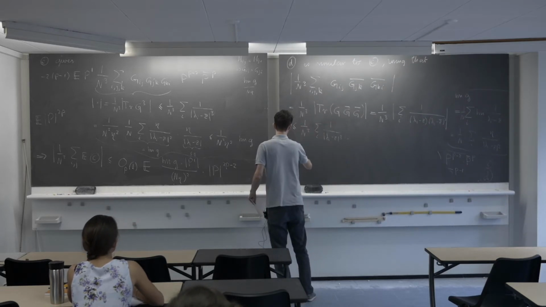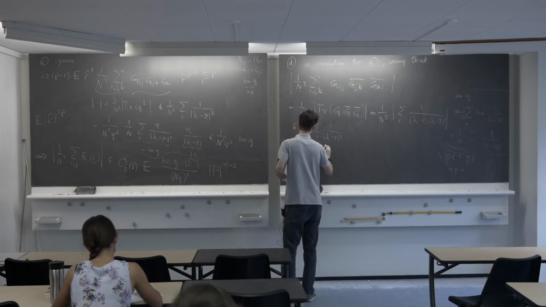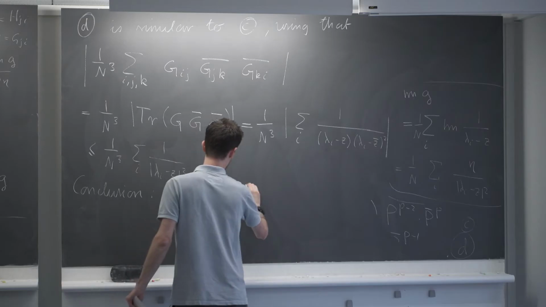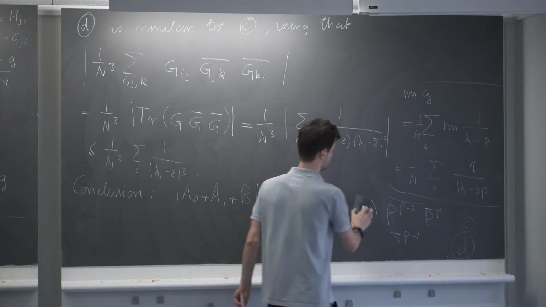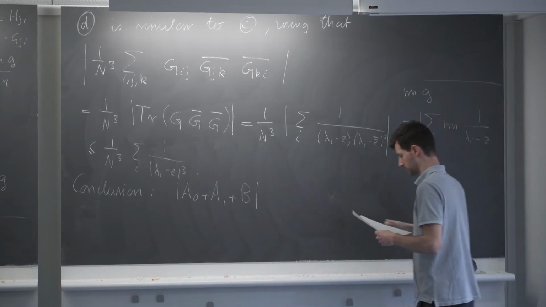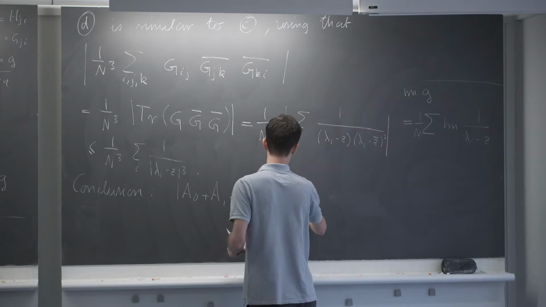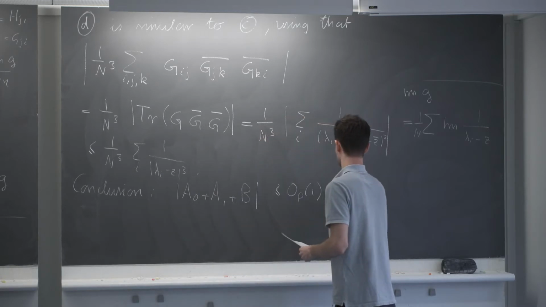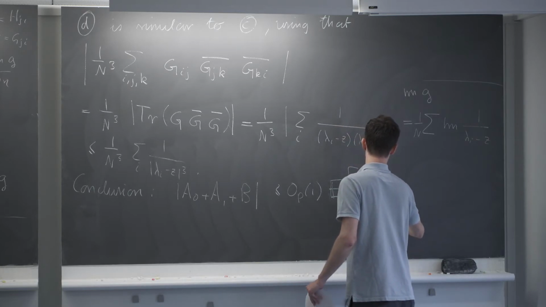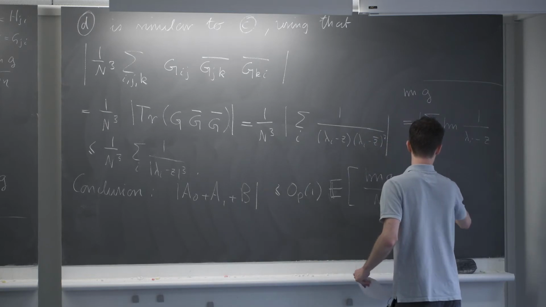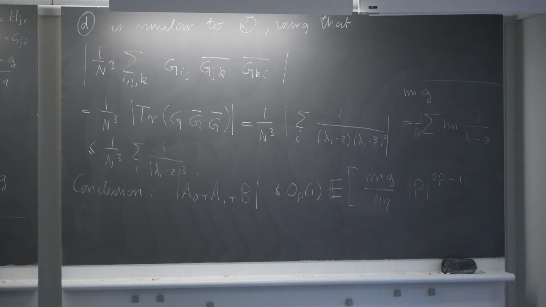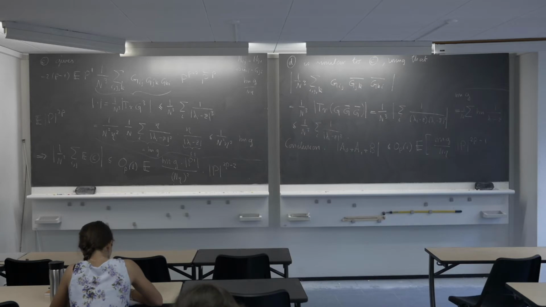The conclusion is that A0 plus A1 plus B, there was this crucial cancellation, so I take in the B as well, is bounded by some constant times the expectation of this term, which I got from the term little b from A1, if you remember.